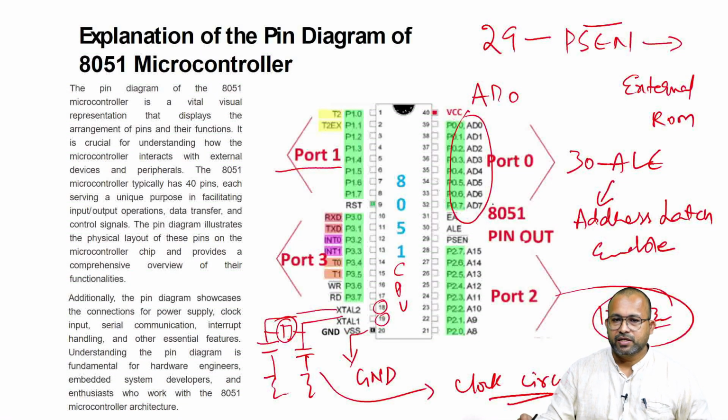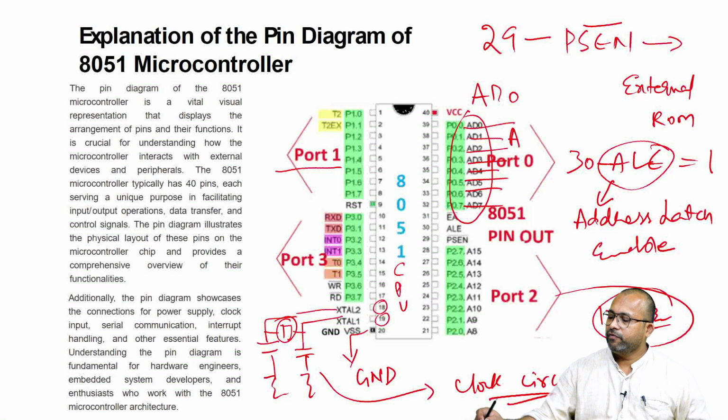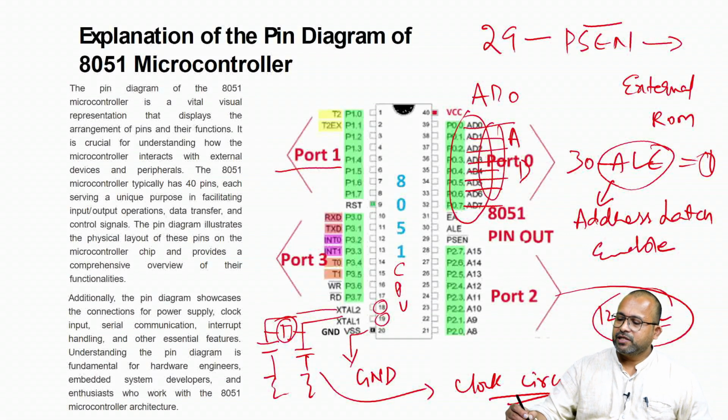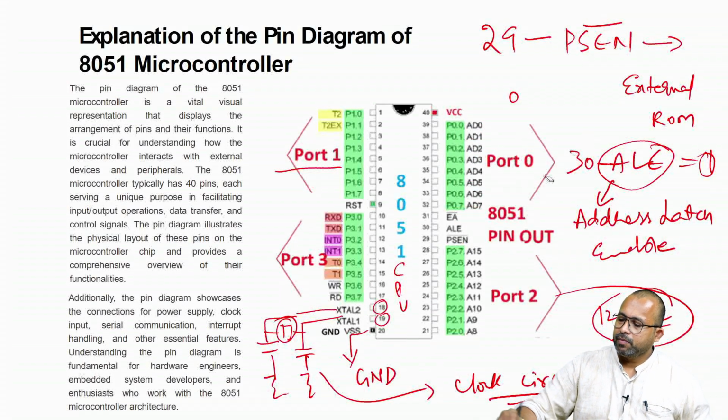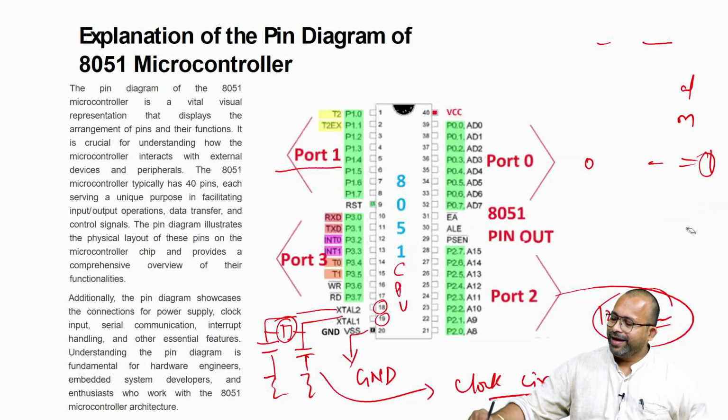So when ALE is equal to 1, the bus connected to this port has address. When it is 0, the bus has data. That means it separates the address bus from the data bus. So ALE equal to 1 means the bus is acting as address bus, and ALE 0 means the bus is acting as data bus. So address latch enable distinguishes whether what is present on the bus is address or data, depending upon the value of ALE.